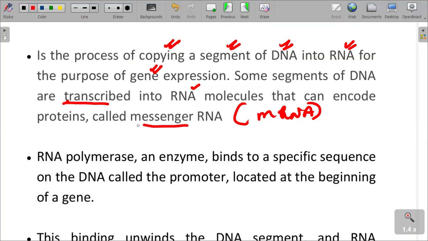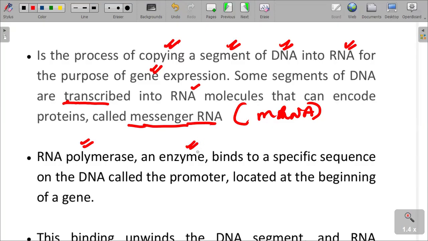When messenger RNA is formed, the process responsible for that formation is called what? It is called transcription. Transcription is when mRNA is formed. So RNA polymerase is an enzyme that catalyzes, it speeds up the process.